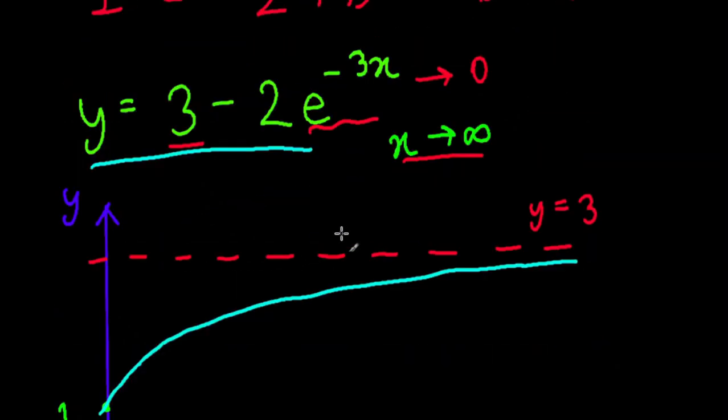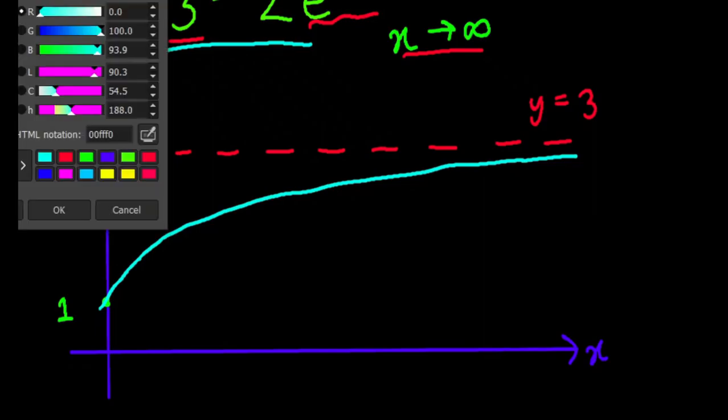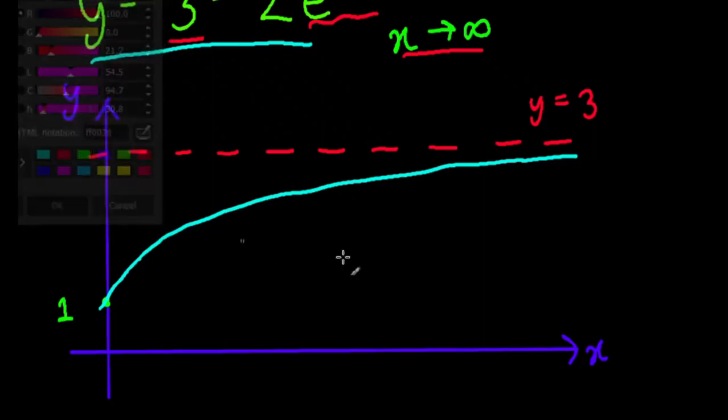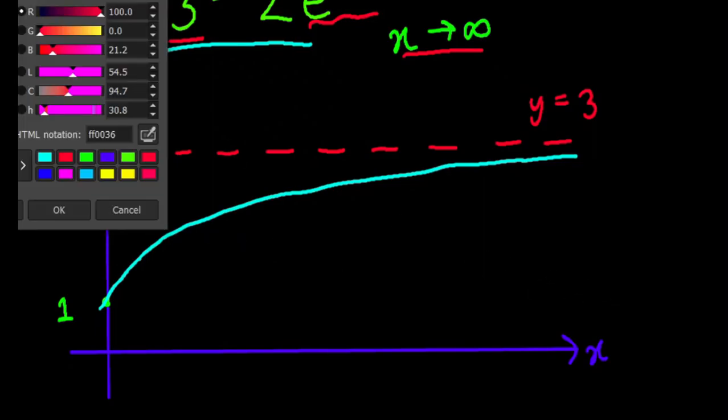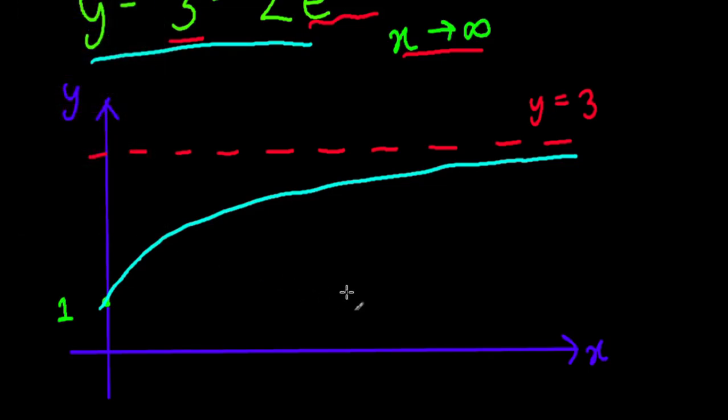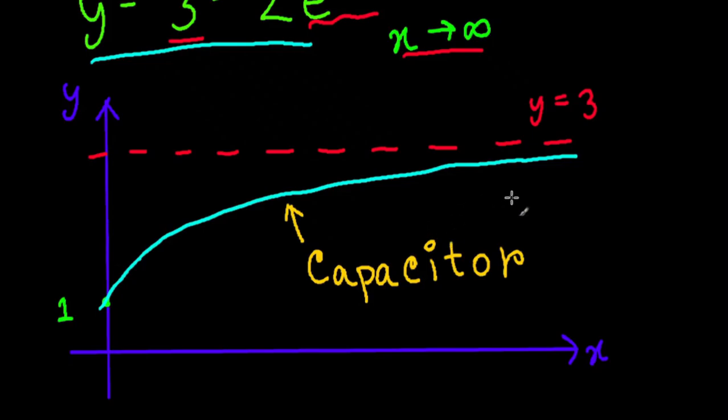Suppose this equation, although it looks kind of strange, is still quite beautiful. It's actually pretty common in a lot of fields. In particular, since I'm studying electronics myself, it can be a capacitor voltage. It can definitely be the graph of a capacitor charging.